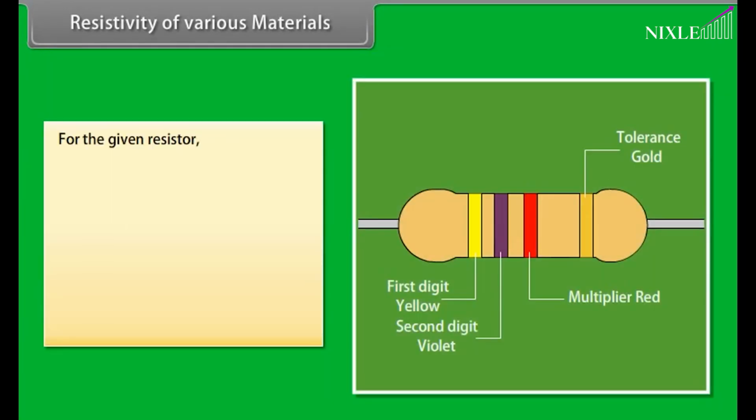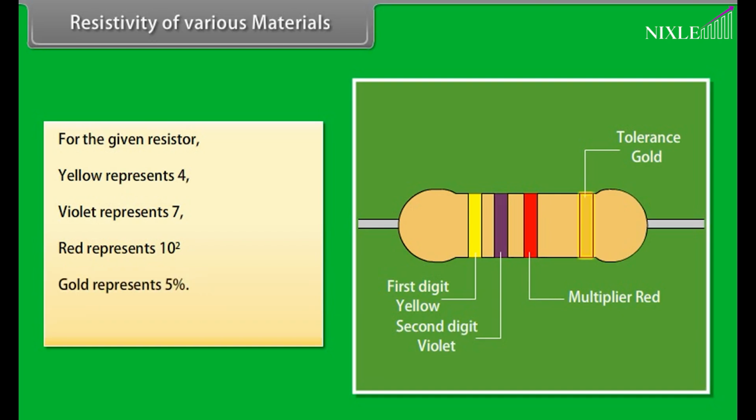For the given resistor, yellow represents 4, violet represents 7, red represents 10 raised to the power 2, and gold represents 5%. On combining the above data, the total resistance of the given resistor is 47 into 10 raised to the power 2 ohm with 5% tolerance.